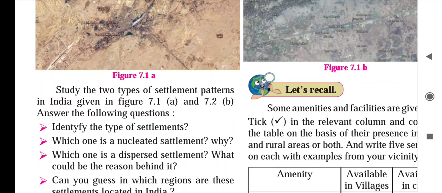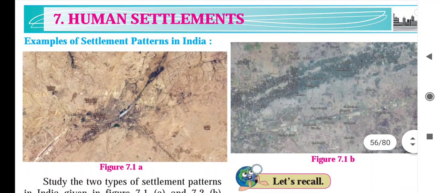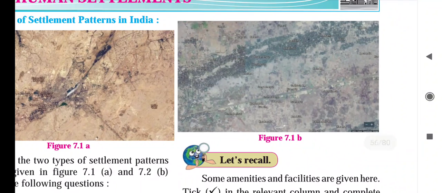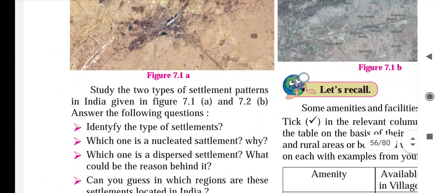Observe the figure 7.1a and 7.1b. Answer the following questions. Identify the type of settlements. So first settlement is nucleated settlement, and second, 7.1b, that is dispersed settlement.